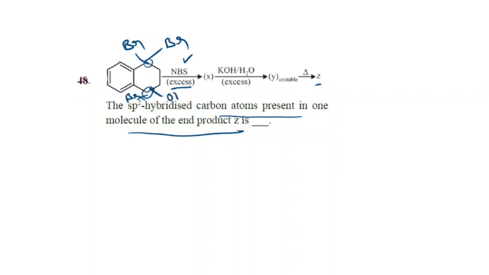And after reacting with KOH, KBr will be eliminated, and with aqueous KOH substitution takes place, and two OH groups lead to the elimination of a water molecule by heating, and we can say that the final product is nothing but this one.